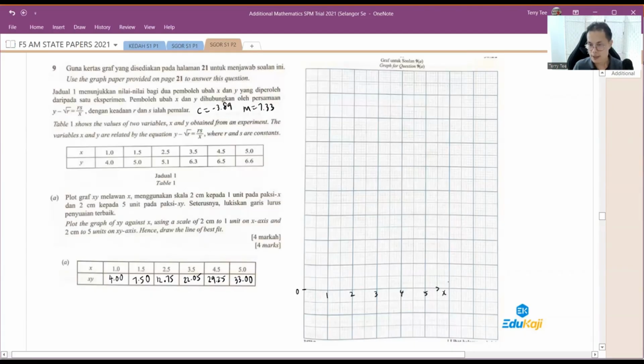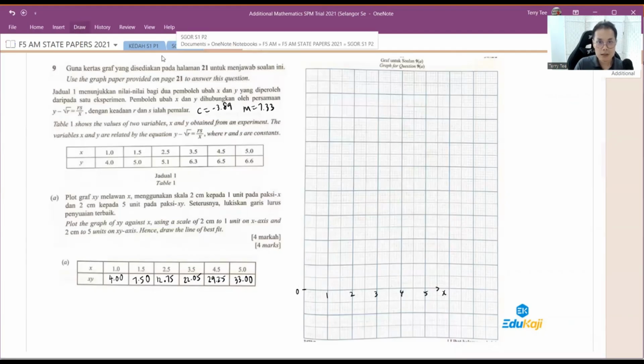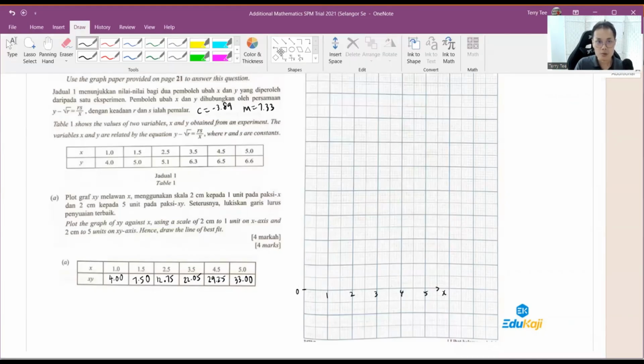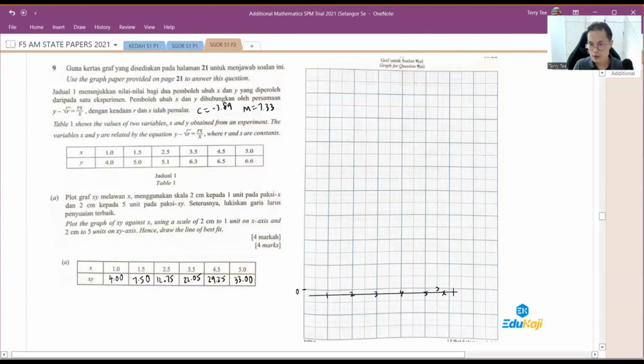The maximum is 5. I put x here. My line will be a bit of a problem because it's not easy to draw a nice line here, so let me use my mouse to adjust it.